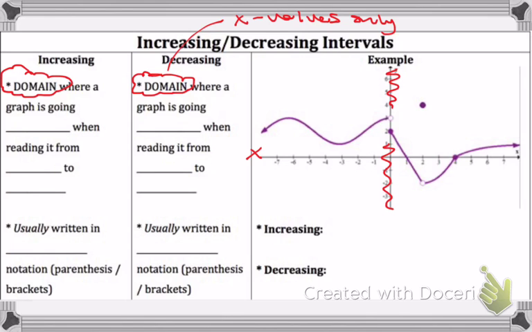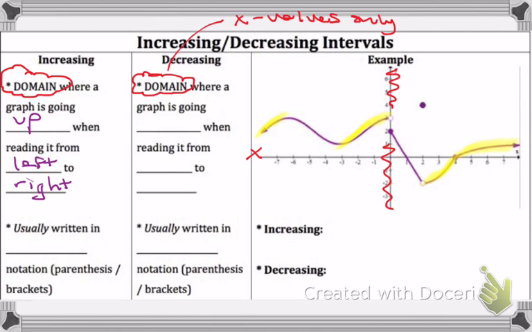So the increasing intervals is where the graph is going up when reading it from left to right. I'm going to highlight those areas right now. If I start at this arrow, it's increasing there, and then it goes down a little bit, and then it increases again right here, and then it goes down, and then it increases here, and then it's actually still increasing here.